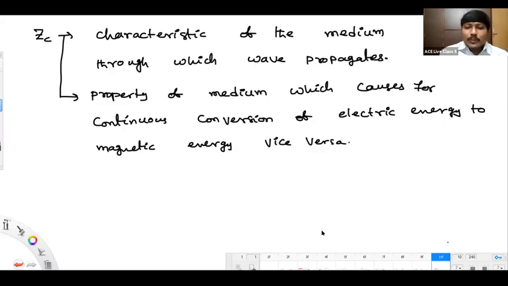This point we should be very clear about: the characteristic impedance causes the conversion of voltage to current and current to voltage, and that voltage to current ratio we are defining as ZC.